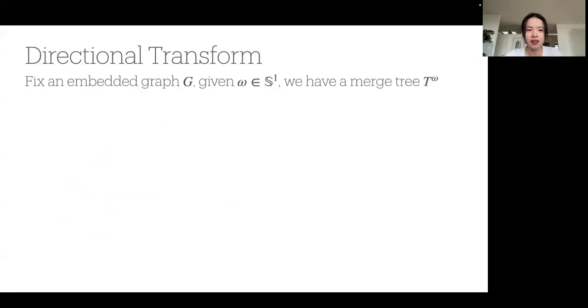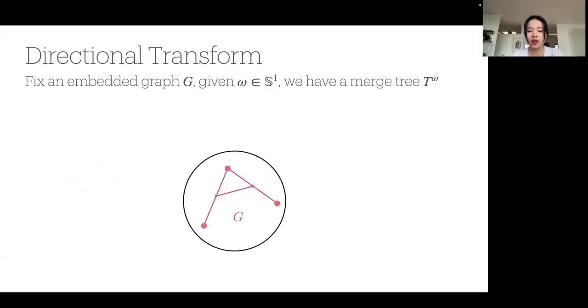All right, if not, another thing that we had to pick when we generate the merge tree was the angle from which we're computing it. So here, for example, if I pick omega-1, so I sweep my threshold from left to right, more or less, I get just one single connected component throughout. So I get only one branch in my merge tree.